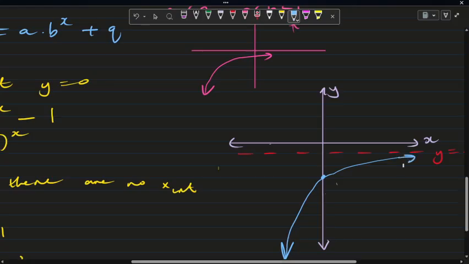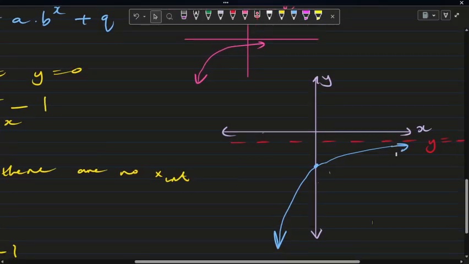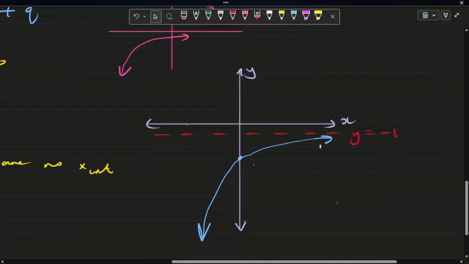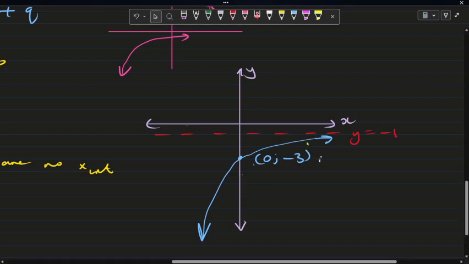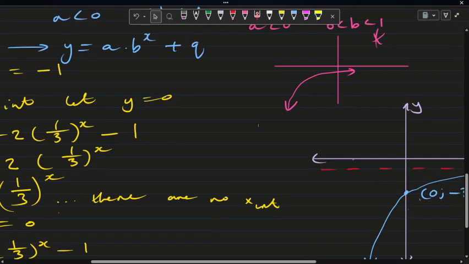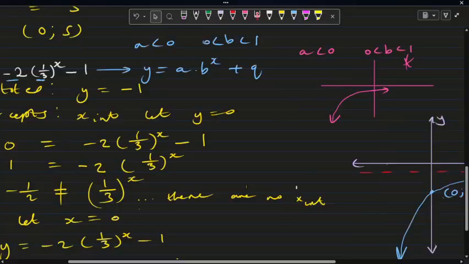So it will be like that, something of that sort. Okay, so this is how our graph will look. And then we can put the coordinates of this point, which is 0 and minus 3.